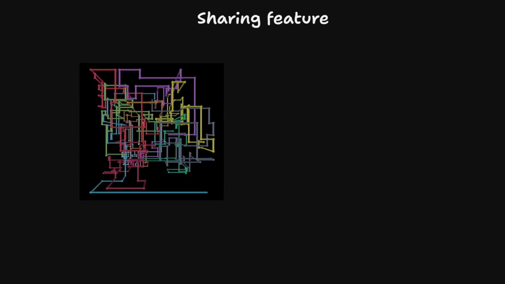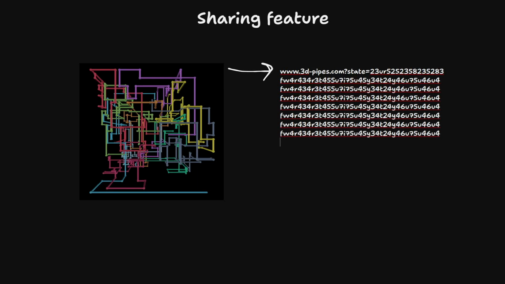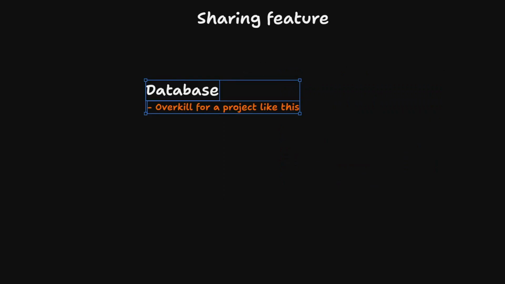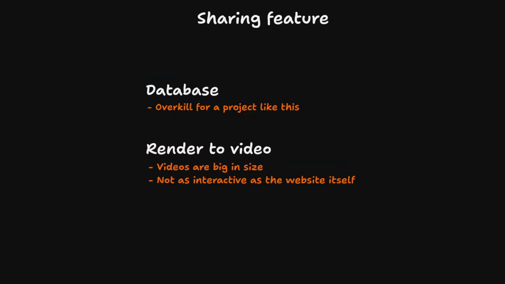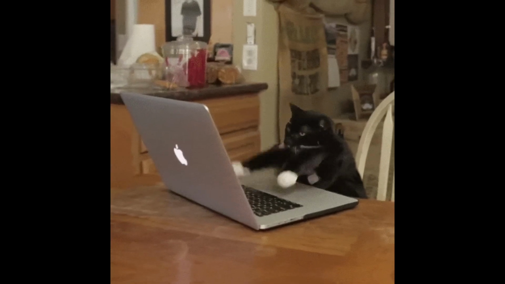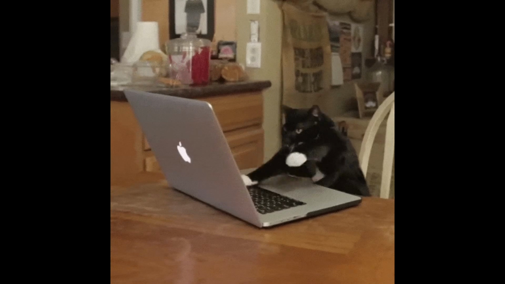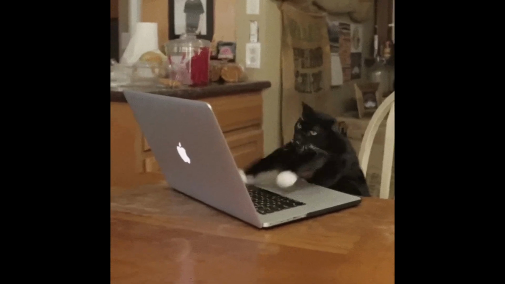At first, this felt like a difficult problem to solve because I was thinking of deserializing and serializing the positions of pipes and somehow encoding them in a URL and sharing the URL and a bunch of other bizarre solutions that I had a feeling were never going to work. So after fumbling around for a while, I had this realization that made me feel both smart and stupid at the same time.